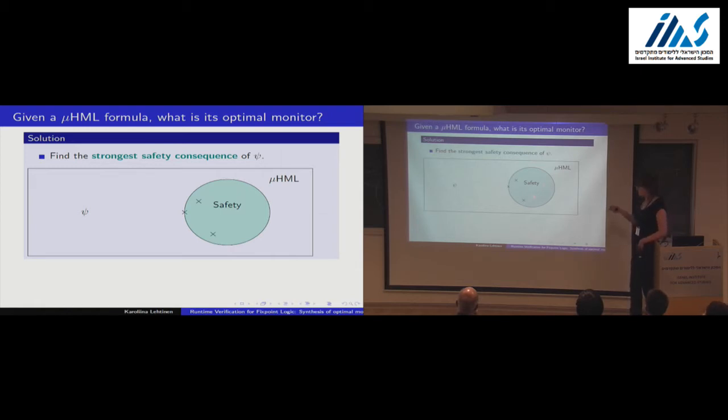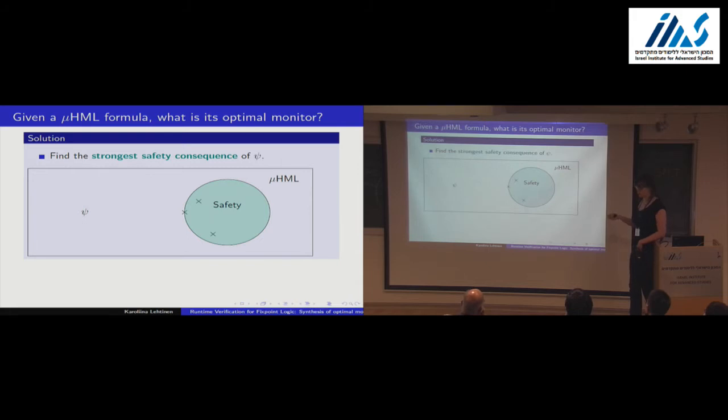So it has a bunch of consequences in this safety fragment, might have an infinite number of consequences in the safety fragment. And we're going to look for the best one. And what I mean by the best one is the strongest safety consequence of our input formula. So we have this formula here that will also imply all of the other safety consequences of our input formula. And we can show that this strongest safety consequence also has a perfect monitor, and the perfect monitor for this formula will be the optimal monitor for our input formula.